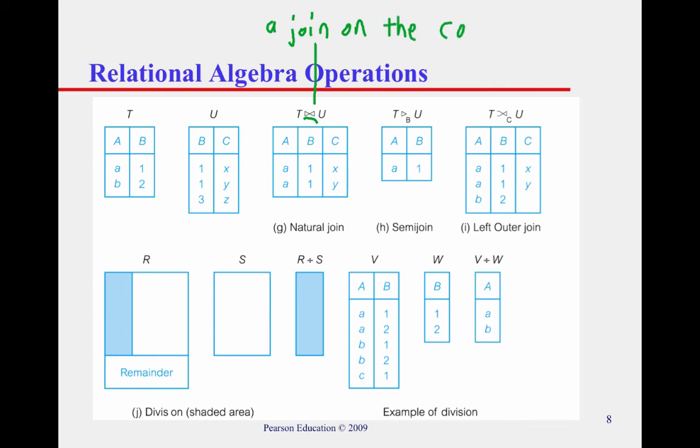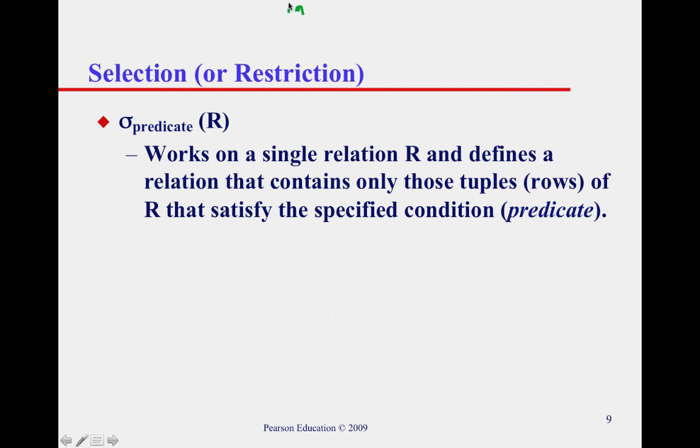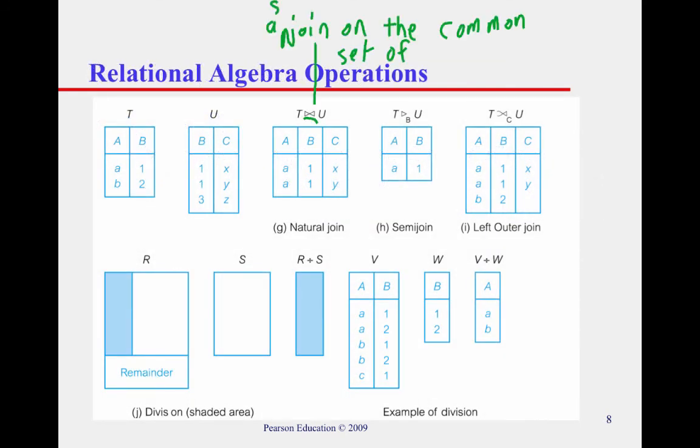You have performed the example using the simple join and natural join, same thing. In this case, it's a simple join on the common set of attributes. So simple means it's doing equality testing. And it's the common attribute. So here the common attribute is B. And by common we mean attributes that have the exact same name.